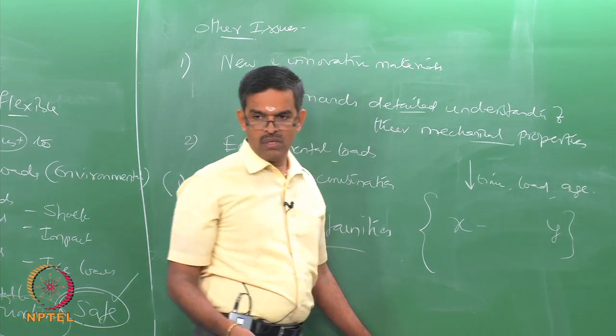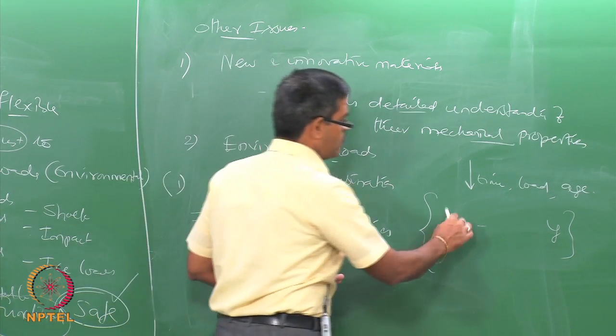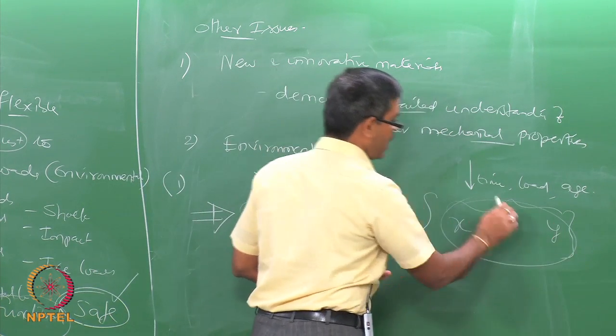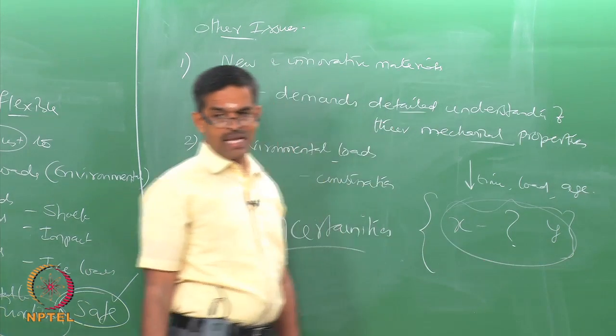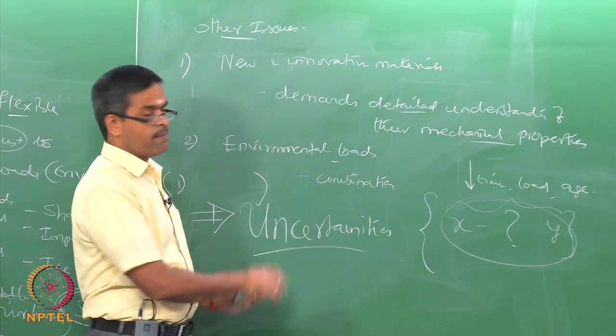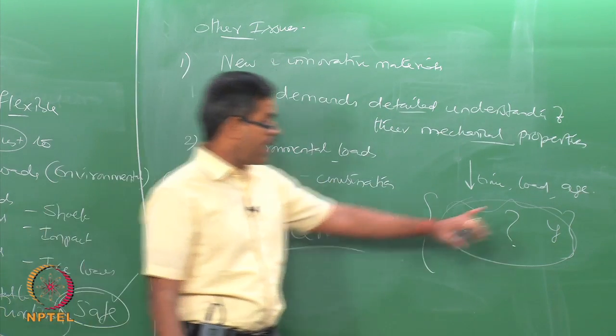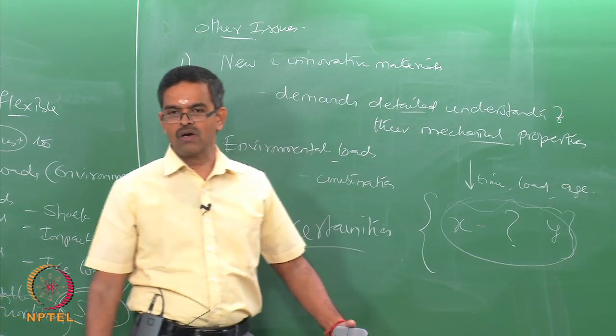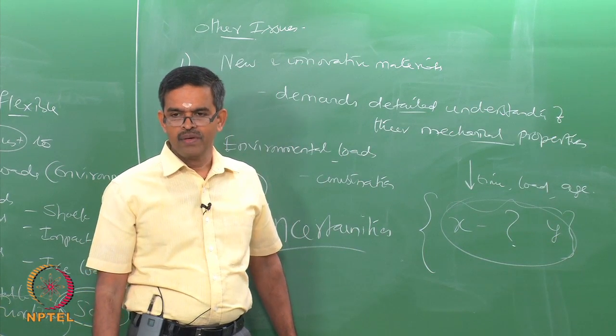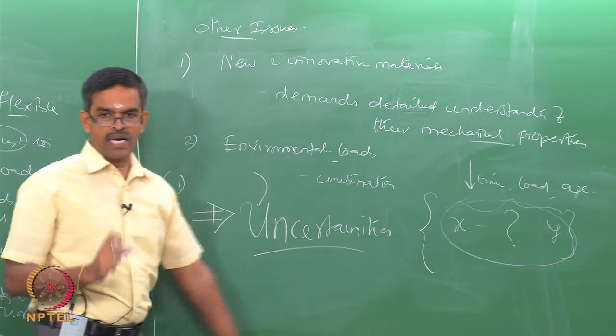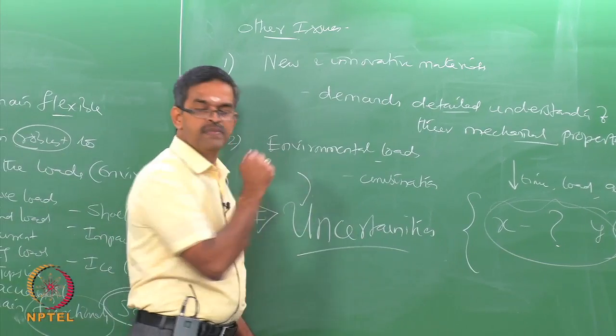You do not know. You have a very large bracket of this value, but within this range what is that value exactly the material or the member is assuming at that age, at that period is not known to you. This is what we call physically as uncertainties.